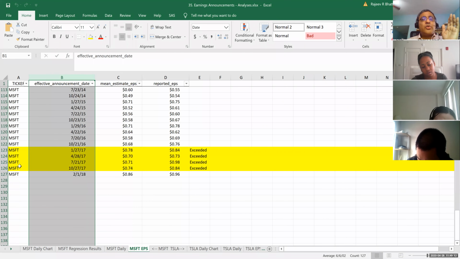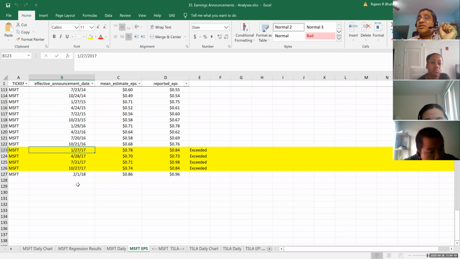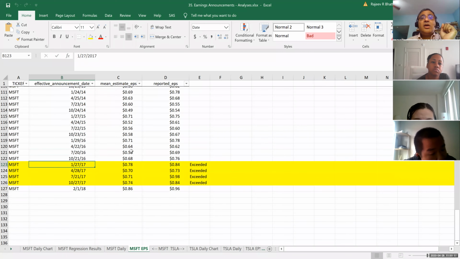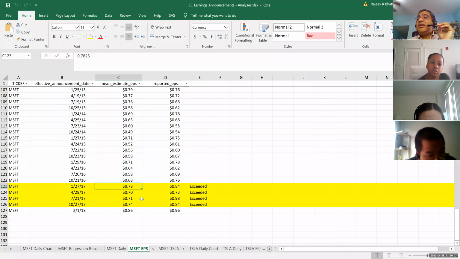Now, if we look at 2017, what data can we observe? On January 27th, 2017, the mean estimate by analysts is 78 cents per share earnings. Microsoft announces earnings of 84 cents per share.